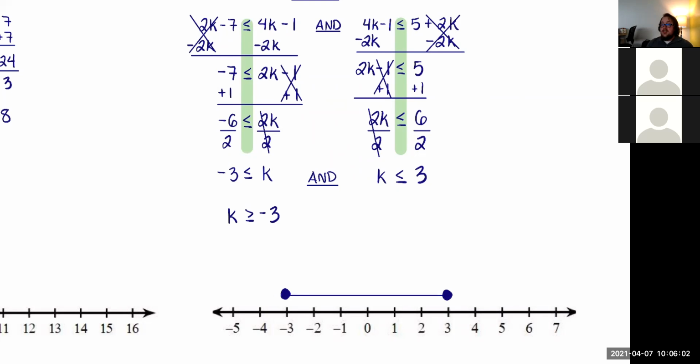And the only area that satisfies both, because "and" doesn't accept anything other than everything being true, the only region that works for both is everything in between, which means anything that is shaded, including the endpoints, which are shaded in, any value that you could think of from -3 to 3 would be considered a solution. And that's more than just the whole numbers that are listed here. All the fractions and decimals in between also count as well.